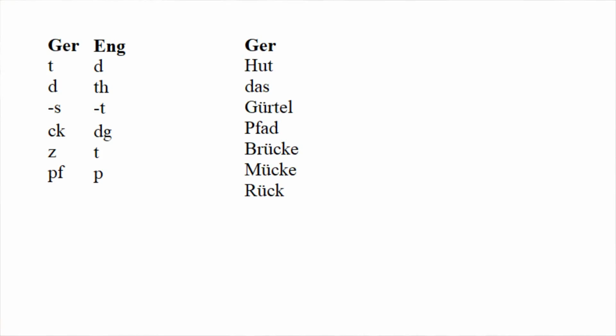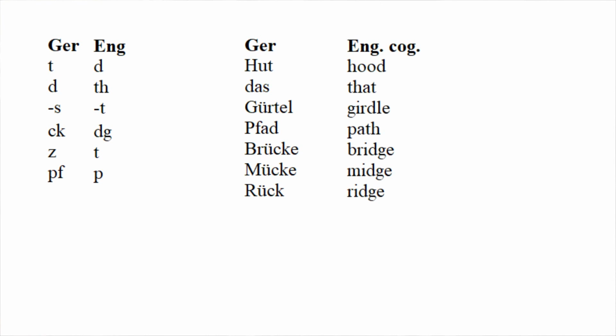So if I go through some words, we'll see how that works. So you have Hut, das, Gürtel, Pfad, Brücke, Mücke and Rück. So you have the cognates of those, which are, if you haven't already worked it out, hood, that, girdle, path, bridge, midge and ridge.